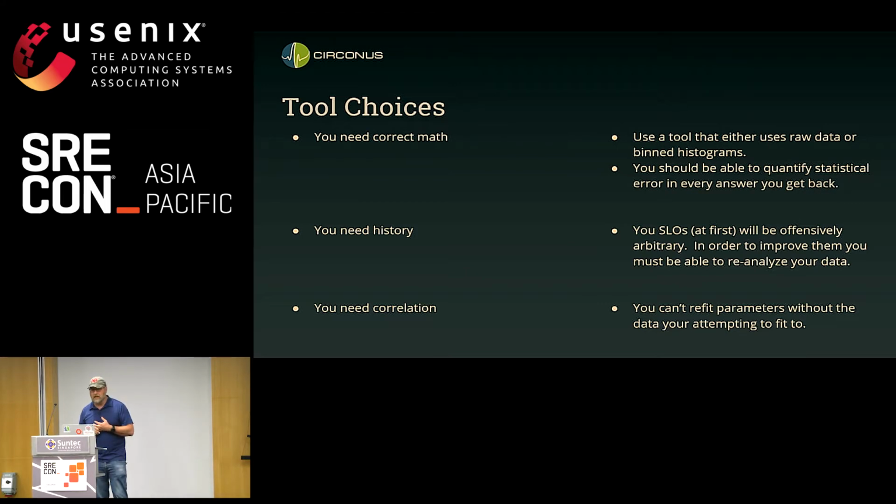You need to keep your data because your numbers are made up and you need to improve them. The only way to do that is to rerun your analysis on the old data. And the last thing you need is correlation. Like I said, you have these parameters, you need to fit them to some other signal. If you don't have the signal in the system, it becomes a lot harder.